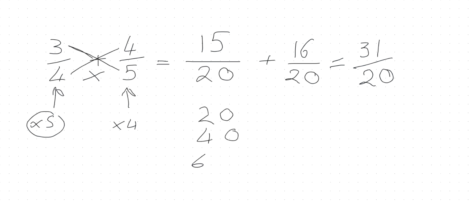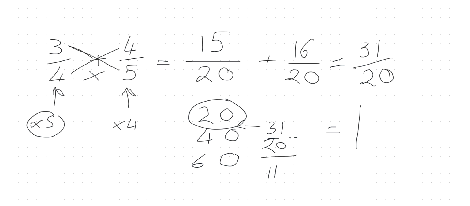I can see that 31 falls in here somewhere. That means I've got at least one whole time that my denominator goes into my numerator. So I've got one whole. I've got 31 pieces to play with. I've used 20 of them, so I subtract off that 20, which leaves me 11. Those remainders are then what goes on top.